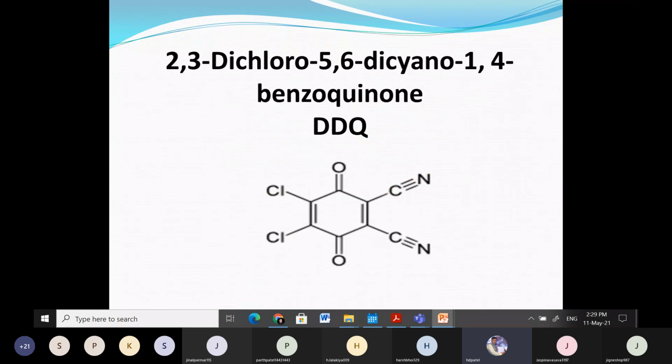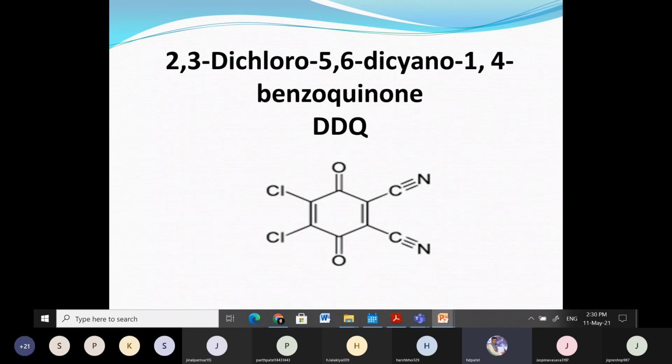Now another reagent, its name is DDQ. DDQ is also known as an oxidizing agent, but here the role of DDQ is a little bit different compared to DMP. DDQ is well known for dehydrogenation.